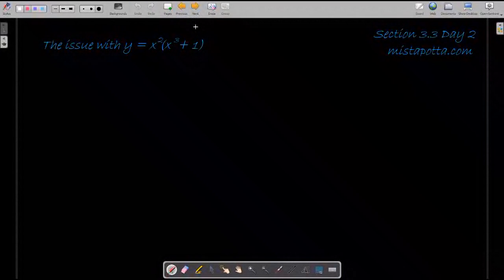The first functional situation that I want to deal with is this function that I've got here. I've got y equals x squared times the quantity x cubed plus 1.